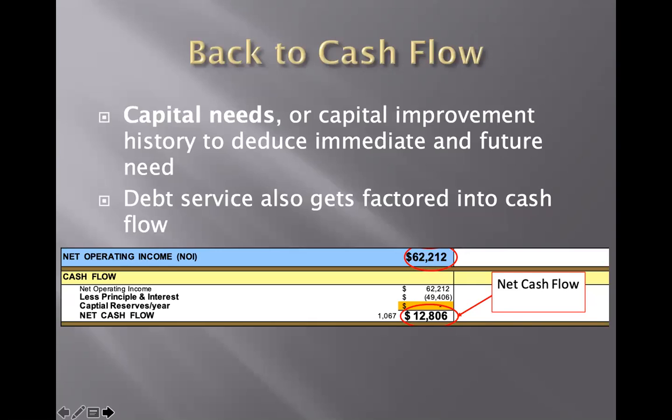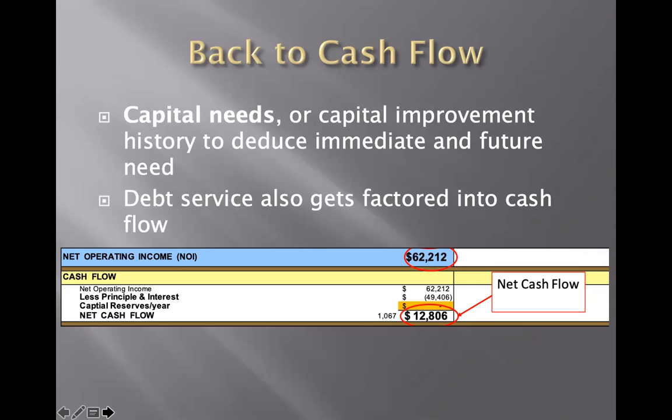So moving on back down to cash flow, we've established our net operating income, and our capital needs and immediate capital improvement needs went way at the top with our initial cash requirements, but also it's good to have some capital reserves per year budgeted in. Not every expense is going to be an annual expense that's predictable like utilities, but it is still indeed something you can predict that capital needs will arise.